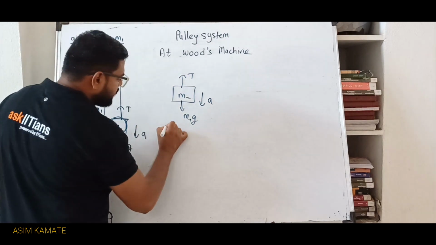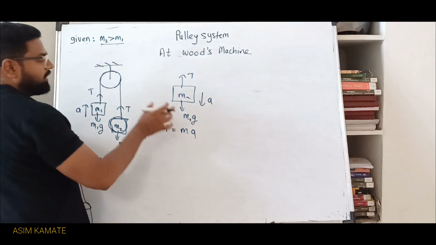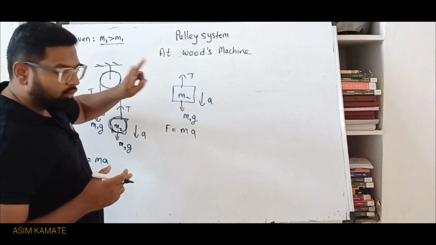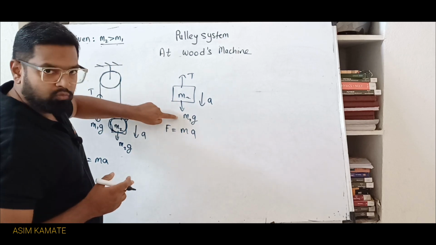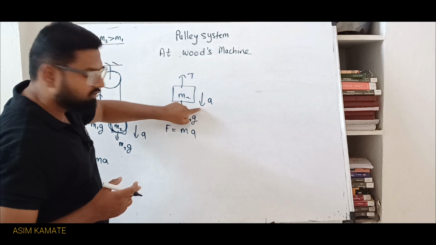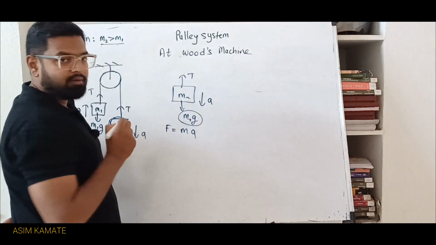Now if you apply Newton's second law of motion, F equals ma. Students, tell me how many forces are acting on the body. Can you see here? There are only two forces. First is weight in a downward direction and the other is tension in an upward direction. And acceleration is in a downward direction. So the weight value will be greater as compared to the tension.